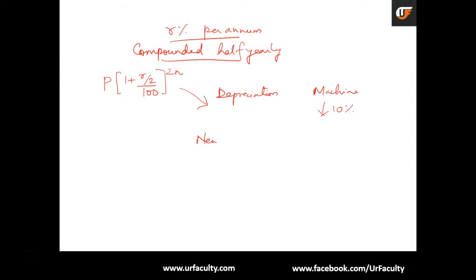See, the new value of a machine under depreciation is basically equal to old value into 1 minus R by 100 power n. Now, look at this equation. Doesn't it look familiar?